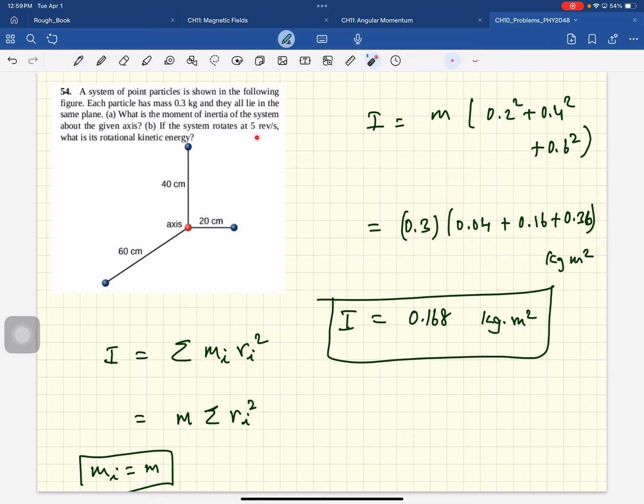If the system rotates at 5 revolutions per second, what is the rotational kinetic energy? So that's part B. Rotational kinetic energy is 1/2 I omega squared, and omega needs to be in radians per second. So omega is 5 times 2 pi radians per second.